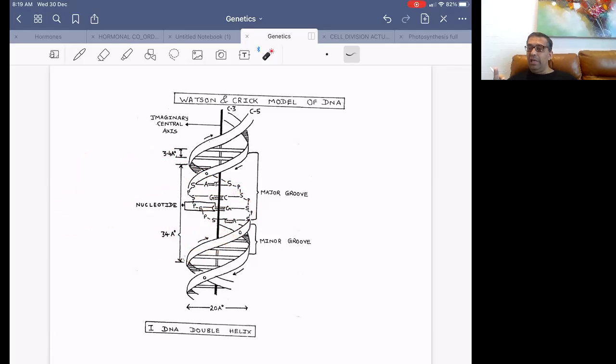I hope you have understood this point. So what is the space between two strands called? Minor groove. What is the distance of one double spiral called? Major groove.